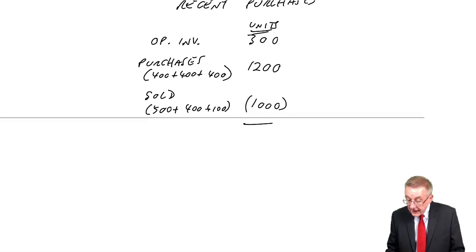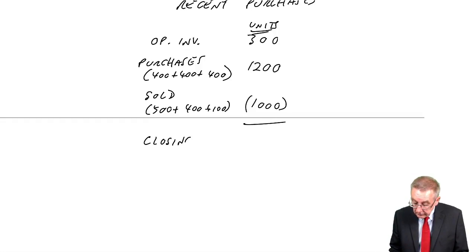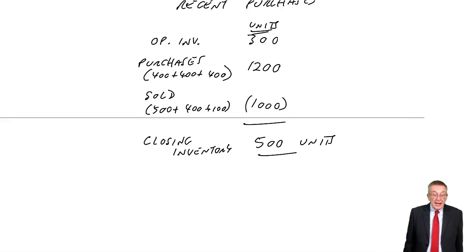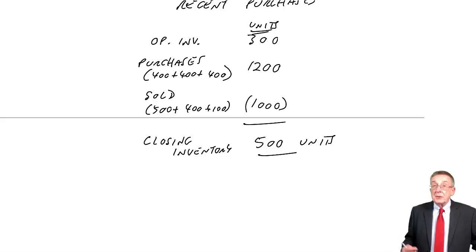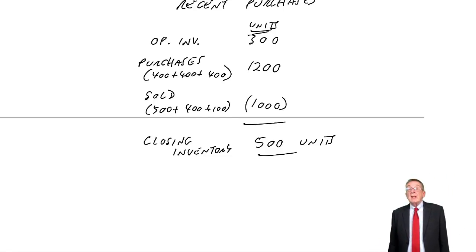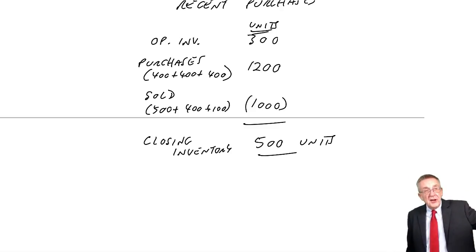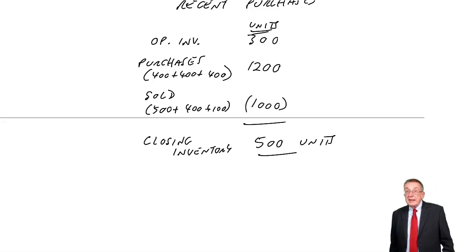And so how many are left at the end? I think 500 units. 300 plus what we bought, less what we sold, with 500 left. And of course our problem is, how are we going to value them? Are they $15, $14, $12.50, whatever? Well, again, our assumption is that if we're always selling the oldest first, the first in and the first out, the 500 left are always the most recent purchases.